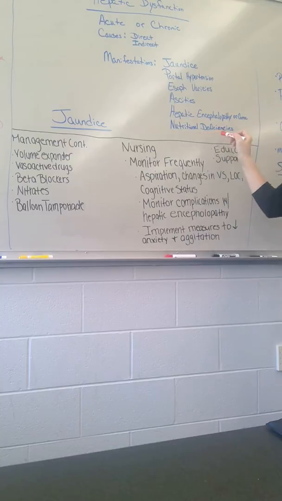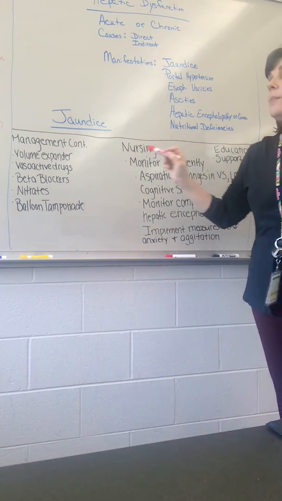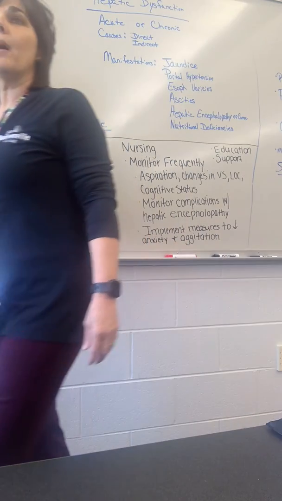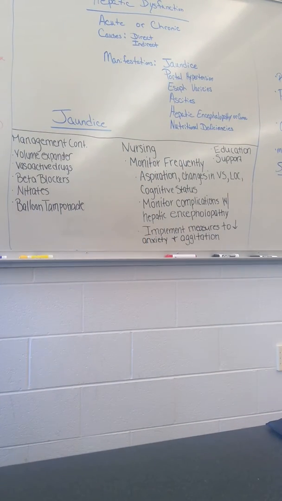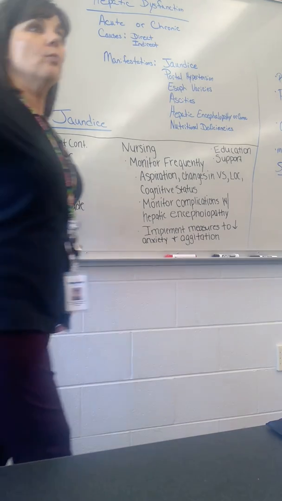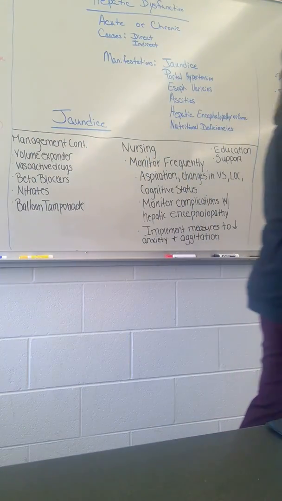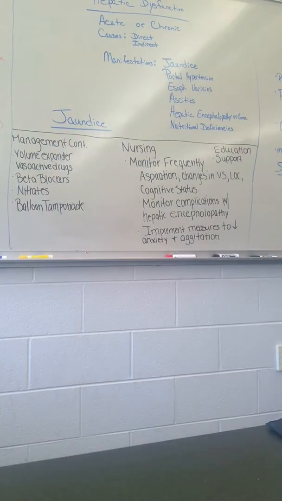And then nutritional deficiencies. Remember, over here we talked about protein and we talked about the vitamins, and how the liver plays a role in those vitamins: vitamin A, the B vitamins, and vitamin D. If the liver is not functioning the way that it should, then we're going to see deficiencies in protein and in those vitamins, as well as many other things.